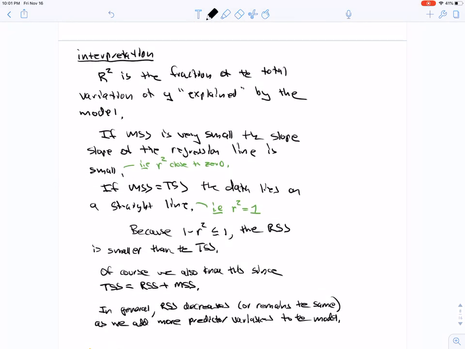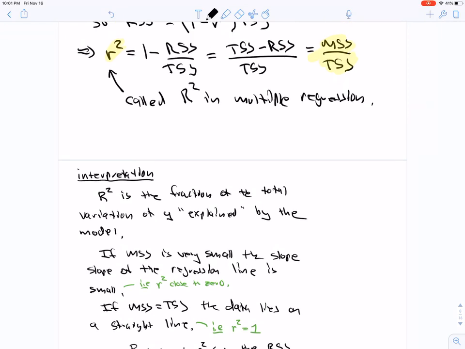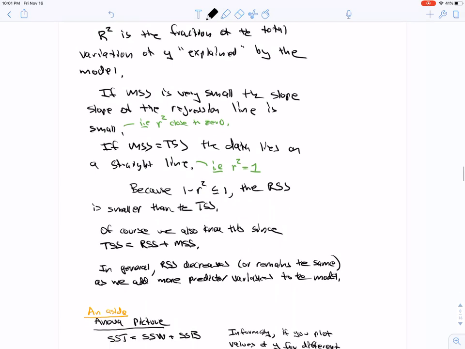The interpretation is that this is the fraction of the total variation of y explained by the model, so MSS over TSS. If MSS is very small, the slope of the regression line is small. In other words, R squared is close to 0.